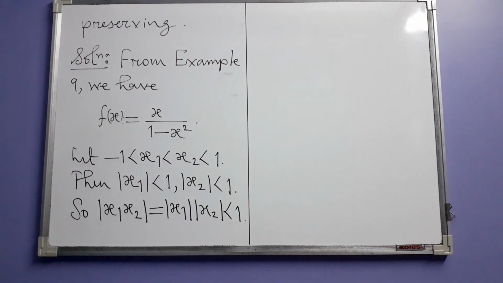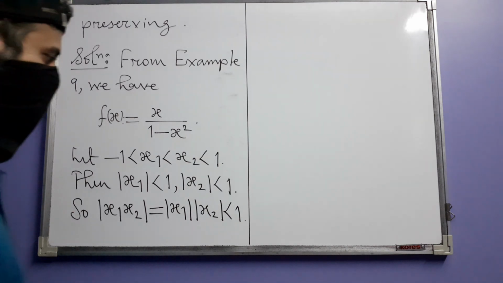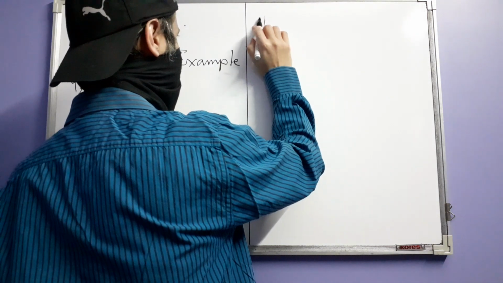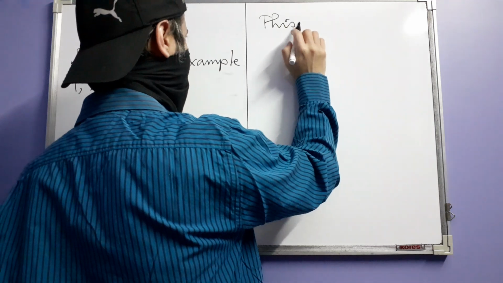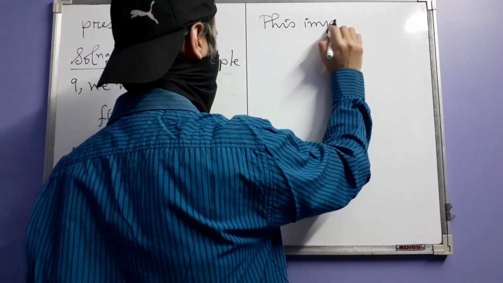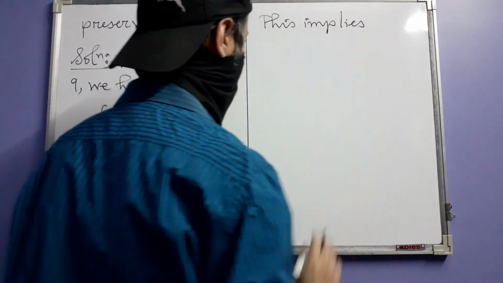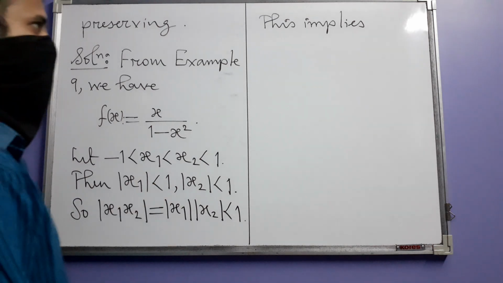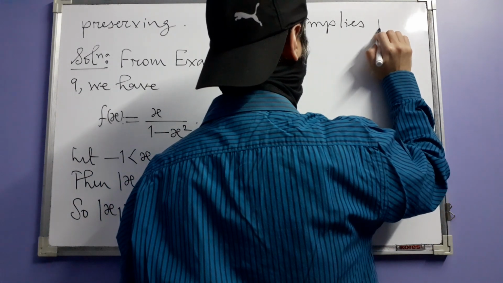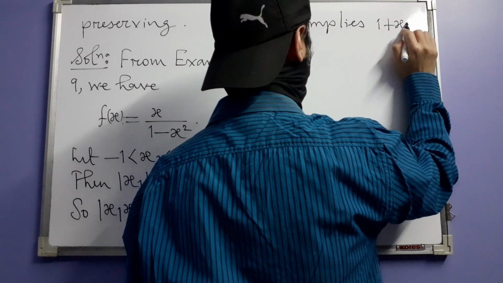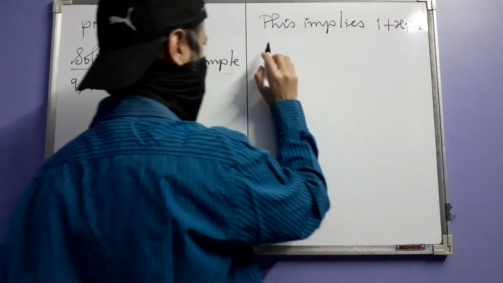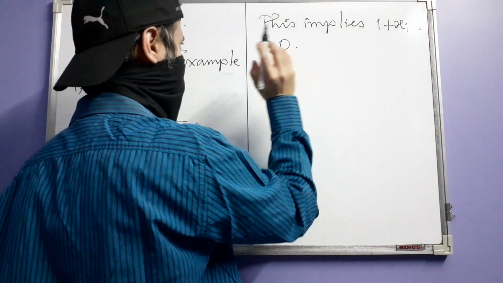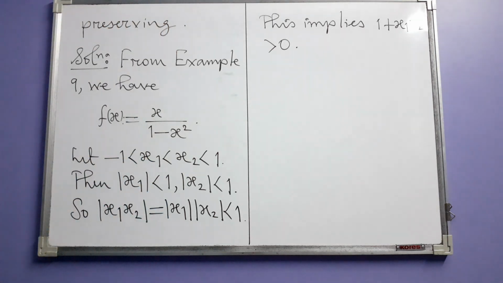Now what do we do with this? This implies, now I am going to write something and then I will explain. Okay. 1 plus x1 x2 is greater than 0. How? Why?